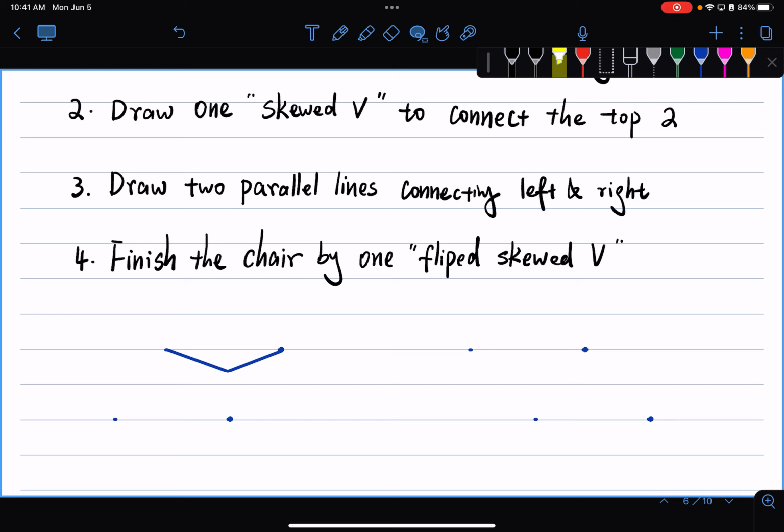It's not your perfect symmetric V shape. It's tilted towards the right direction. That's where your parallel lines are tilted as well. And then you draw 2 different parallel lines that connect the left and right. And then we finish up by drawing a flipped V. That's going that way.